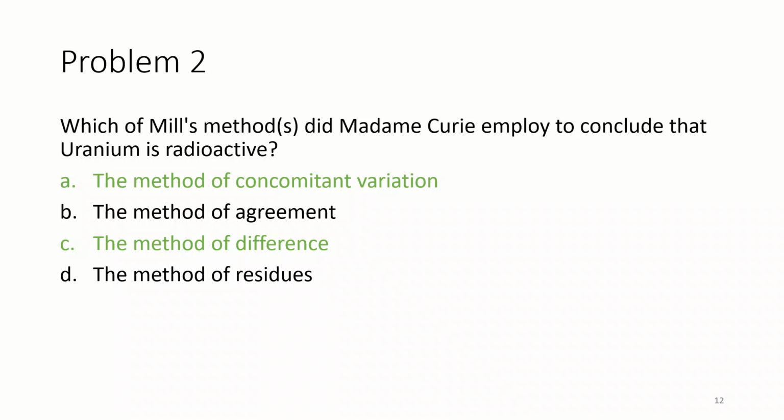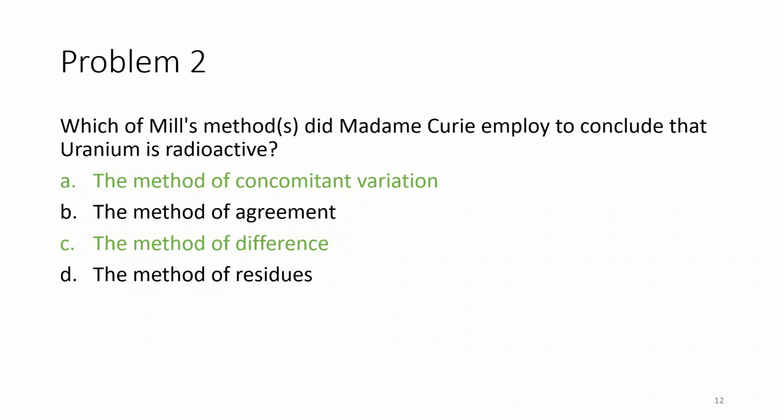When we talk about this experiment, she used different elements, different materials to assess the radioactivity. So different test points are there, as you said. If only two test points are there, then we cannot put it under concomitant variation.